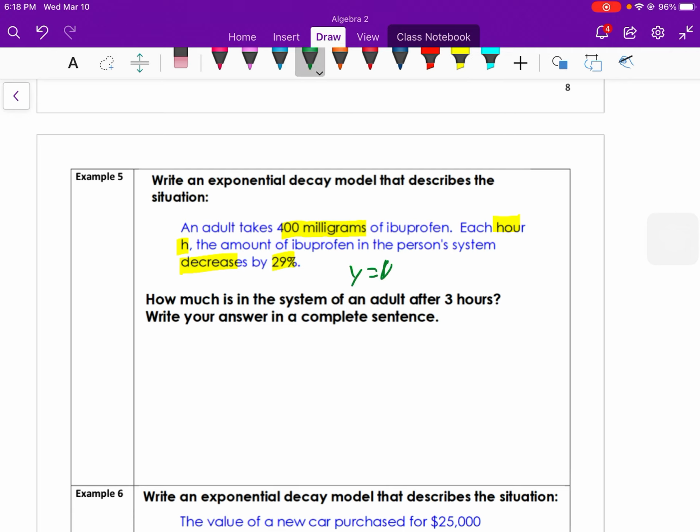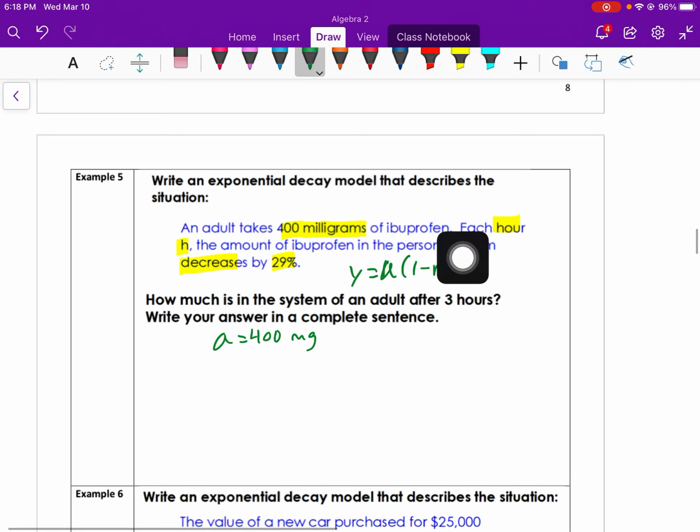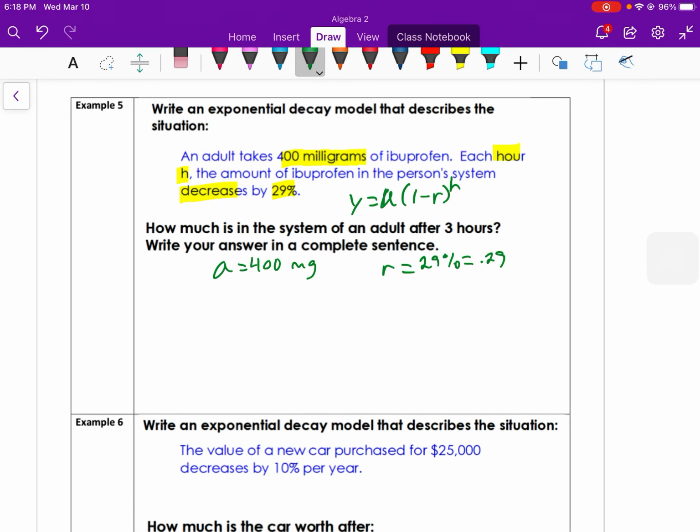So my equation is going to be y equals a times 1 minus r to the t power. A equals 400 milligrams, because that's my initial amount. That's how much we took. Each hour, H. So actually, when I represented t here, we can call that H, because that's my time, and it decreases by 29%. So the rate is 29%, which as a decimal is 0.29.